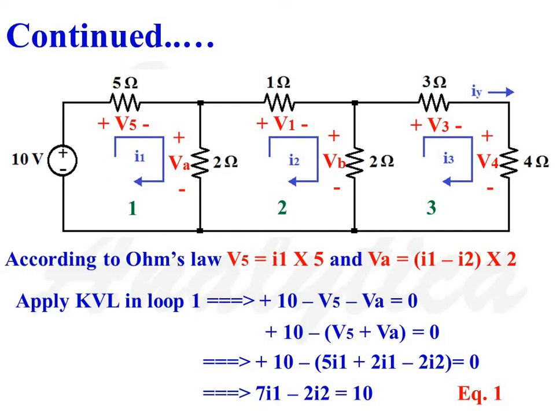So we can write plus 10 minus V5 minus VA is equal to 0. 10 minus (V5 plus VA) is equal to 0. 10 minus 5I1 plus 2I1 minus 2I2 is equal to 0. 7I1 minus 2I2 is equal to 10. Equation number 1.